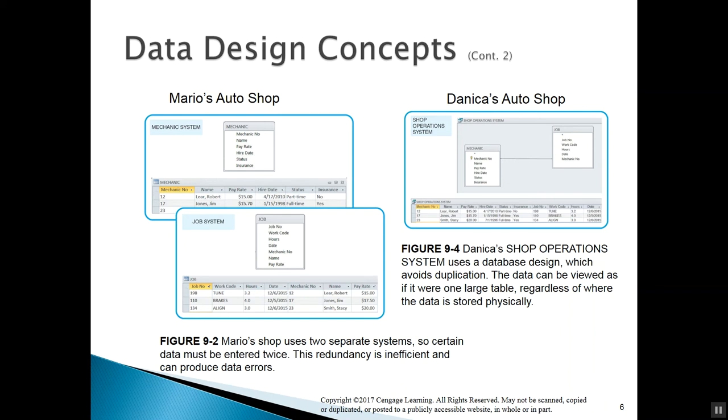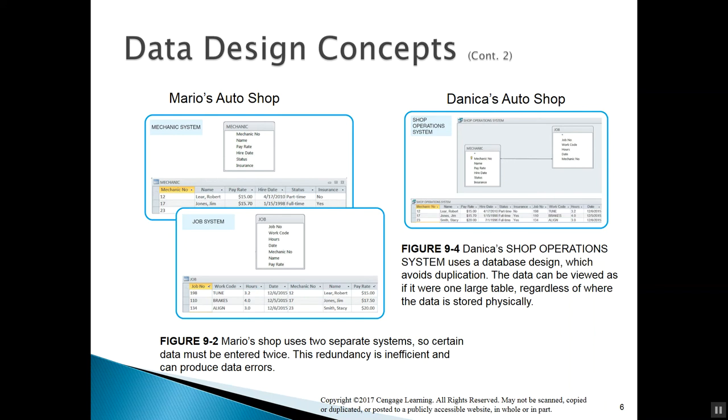So the rows are records, the columns are fields. So in that example you see on the screen, mechanic 12 has a value of Robert Lear for the name field. It has a value of 12 for the mechanic number, or mechanic no field. Now, that first field that you see there, mechanic number, and then in the other table, it's a job number.